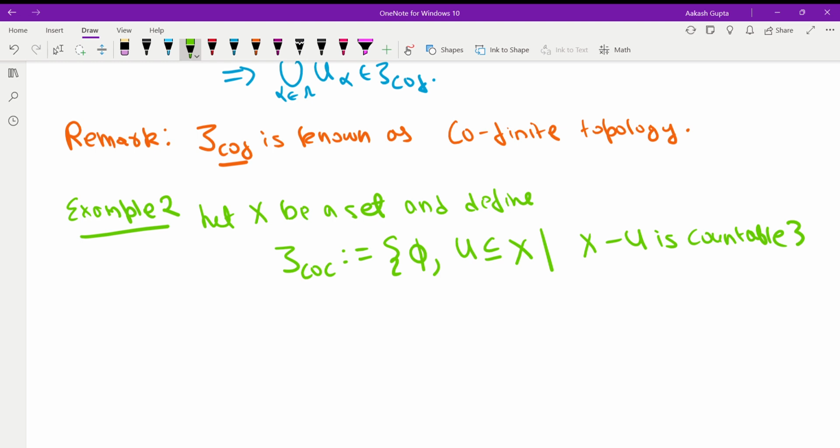So what the people used to do, they used to put a stone in front of every sheep. Once the sheep is gone, they will remove that stone. So you see, it's a kind of one-one correspondence only. Okay, good. So you can check that X along with this is a topological space. Fine.